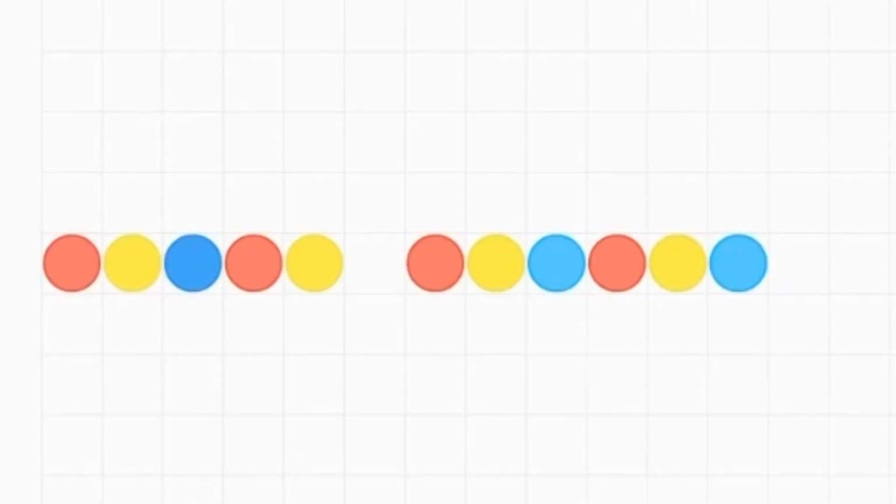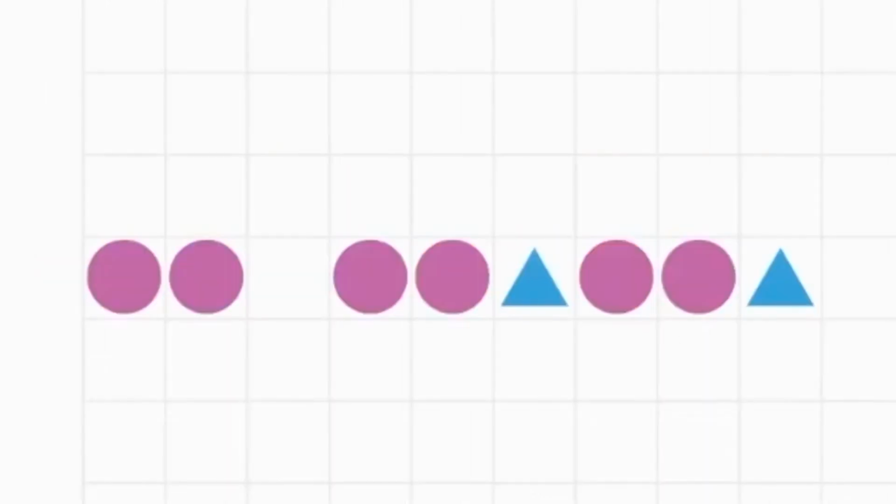What do we want to put in the empty space? Have your answer ready? Let's say it with me. Red, yellow, blue. Red, yellow, blue. Red, yellow, blue. Red, yellow, blue. That pattern looks complete now. Let's try a shape one.